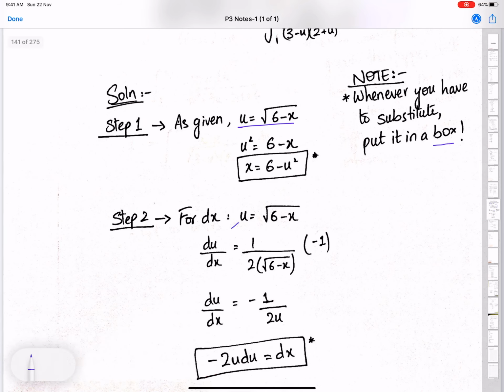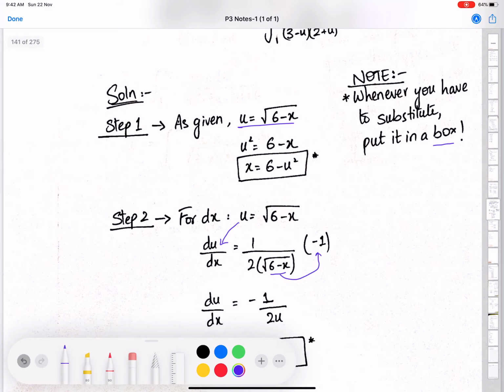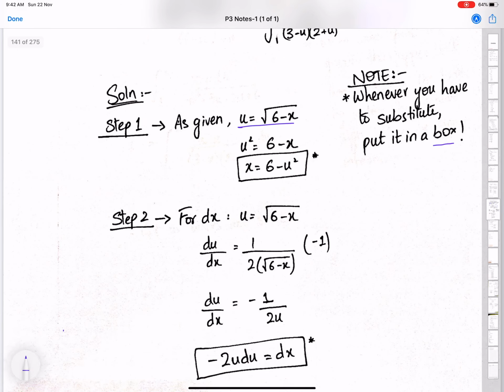When you differentiate u, you will get 1 upon 2 under root 6 minus x, and this will be minus 1. You know how to differentiate under root. So you have to make dx the subject from here. We need this substitution. We need this integral operator, and we have to change the limits as well.